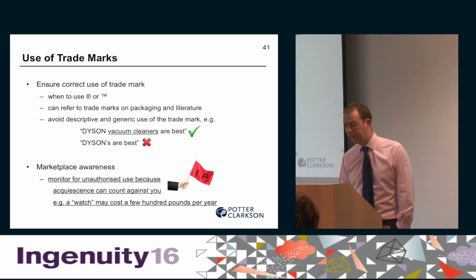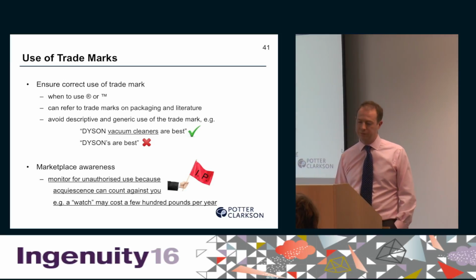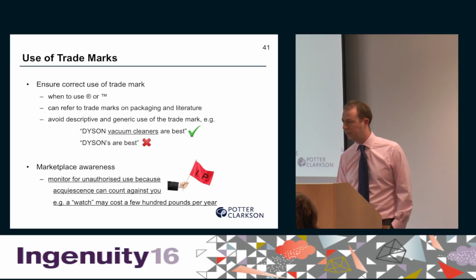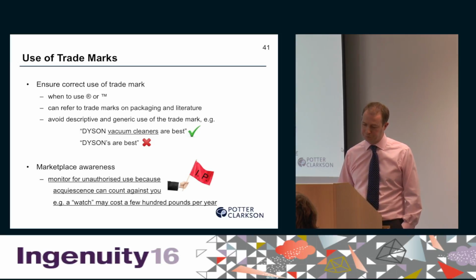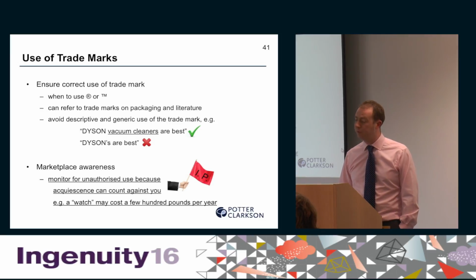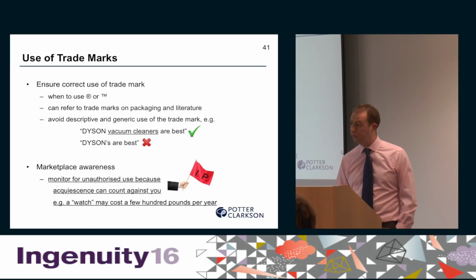So as an example here, you might want to, or might not want to, when talking about your Dyson vacuum cleaner, just say Dyson's the best. You want to make it clear that Dyson is your trademark, and it's a trademark for a type of vacuum cleaner. So a flag to be waving here is potentially you want to be monitoring for unauthorized use, because if you acquiesce to other people using your trademarks, if you allow them to get away with it, that can count against you.